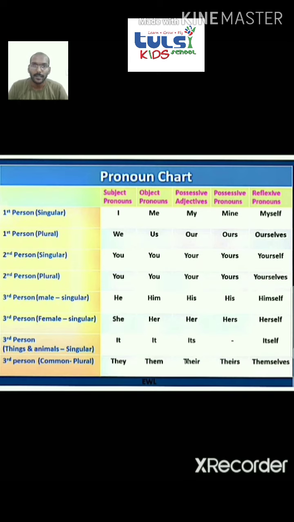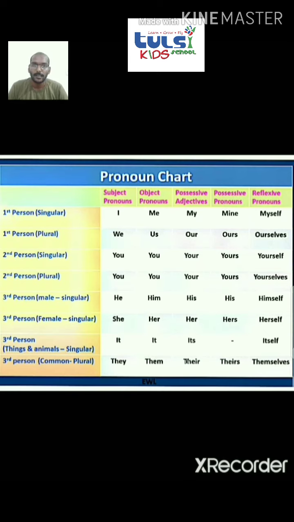And the remaining he, she, it, they are third person pronouns. He is the subject pronoun, him is the object pronoun, his is the possessive adjective, his is also the possessive pronoun, both are the same, and himself is the reflexive pronoun.